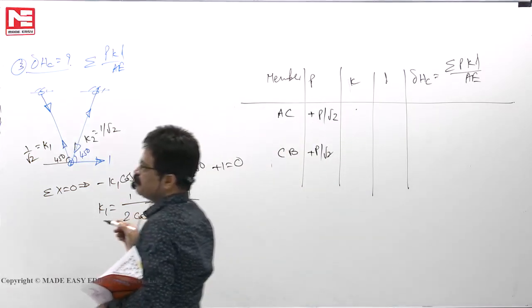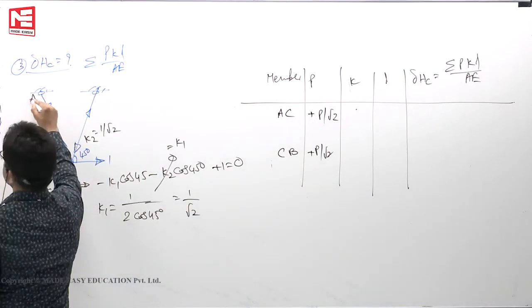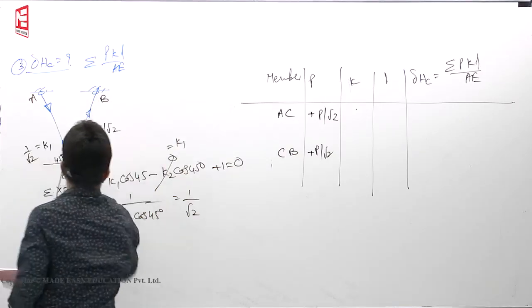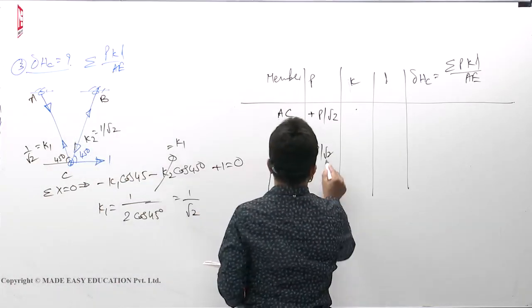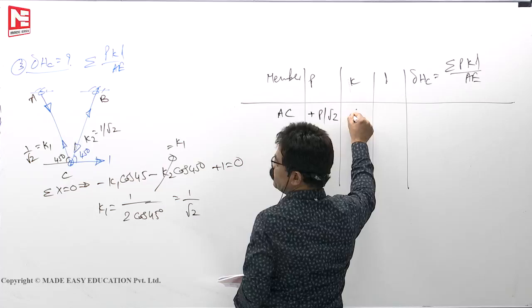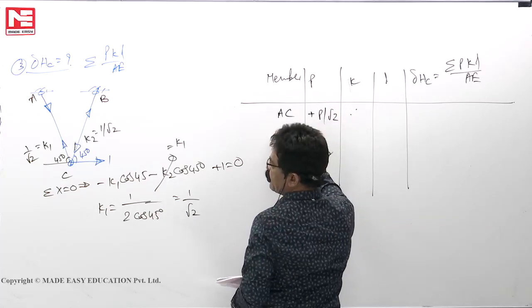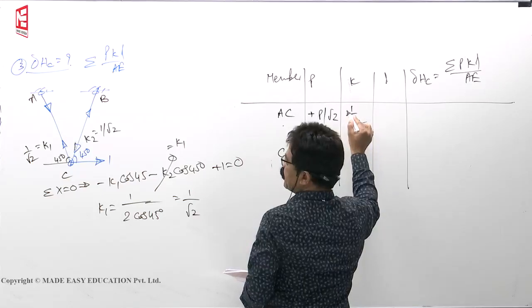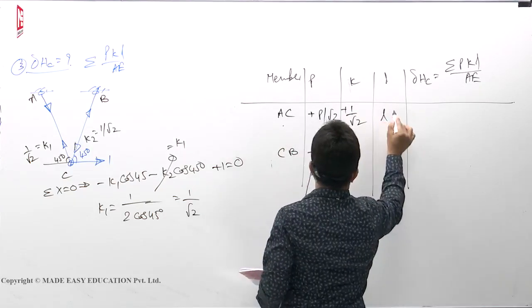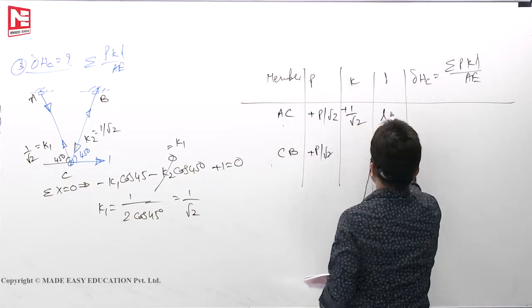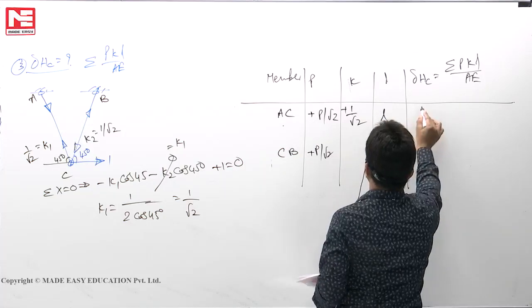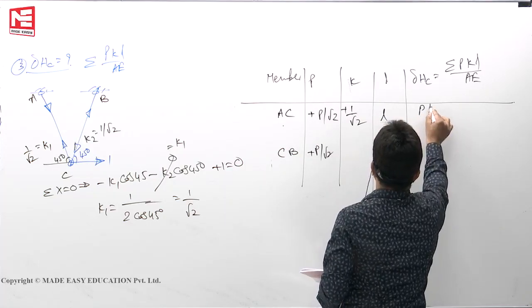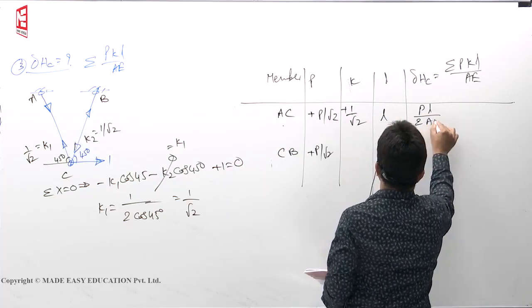This is the AC member, this is C, this is A, this is B. So what is the K value for member AC? 1 by root 2, tension, so plus. Length is L. PKL by AE, that means PL by 2AE.